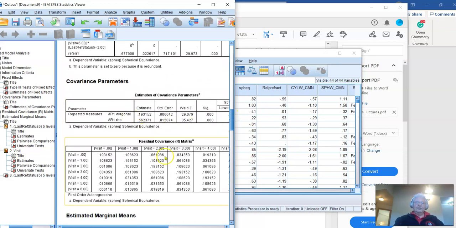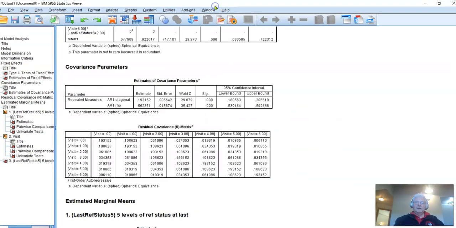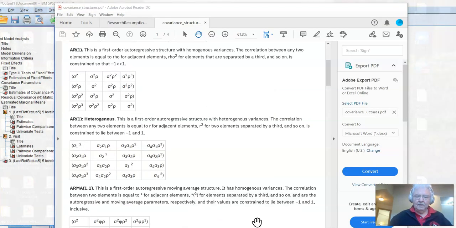All right, then here's our covariance estimates, and notice that our estimate, we find this diagonal. This is AR1. So that estimate is the estimate of this variance, which is equal across all groups.